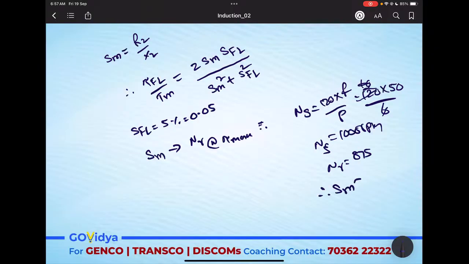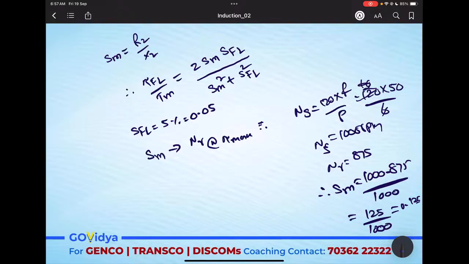Therefore, maximum slip will be 1000 minus 875 divided by 1000. How much will it come? It will come around 125 divided by 1000, that is 0.125.